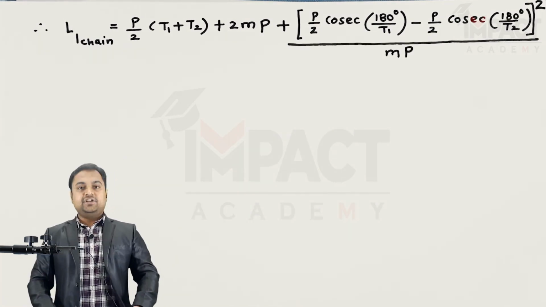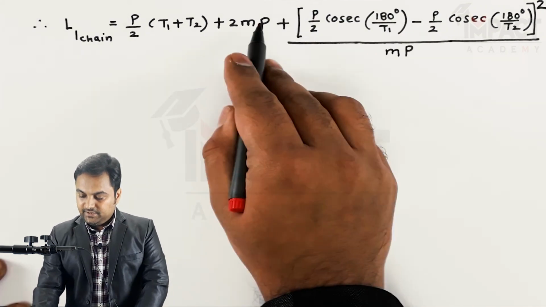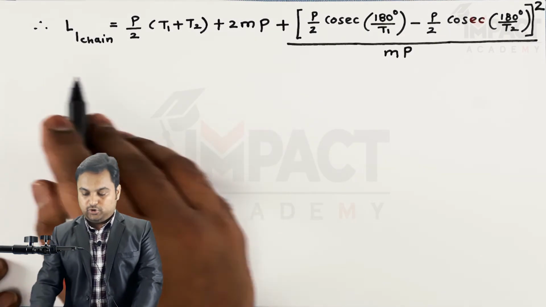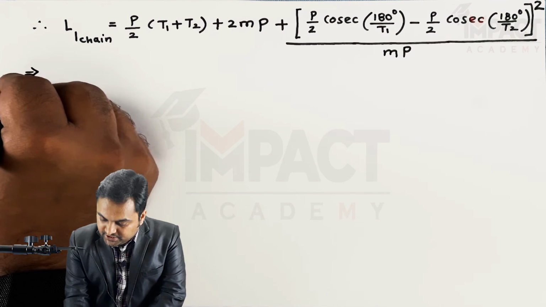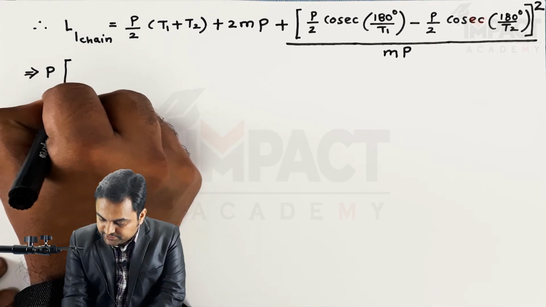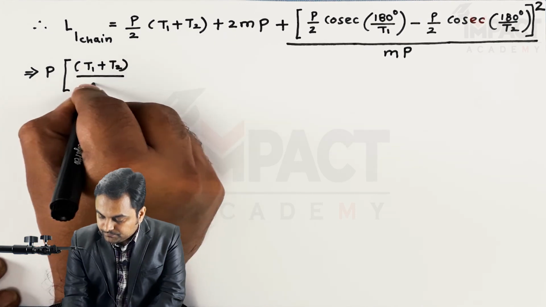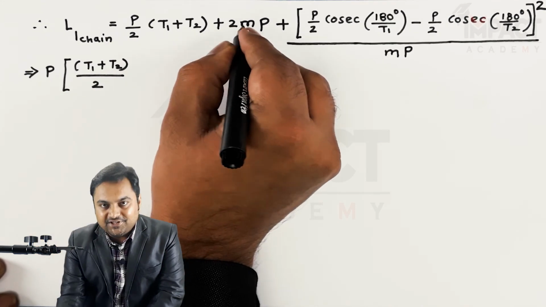Then after reaching up till here, I can say that the pitch p can be taken as common from all sides, so here pitch can be taken outside. What is left over is (t1 + t2) divided by 2, then 2m remains.